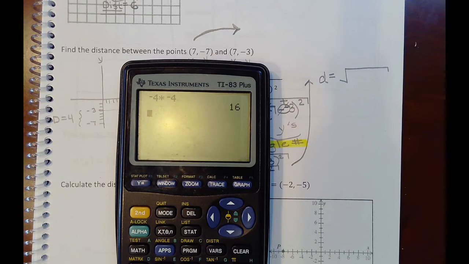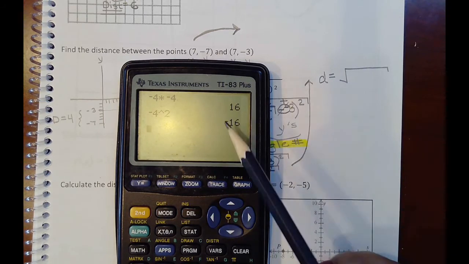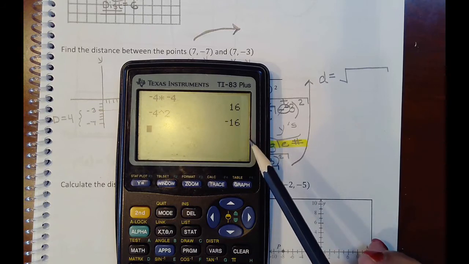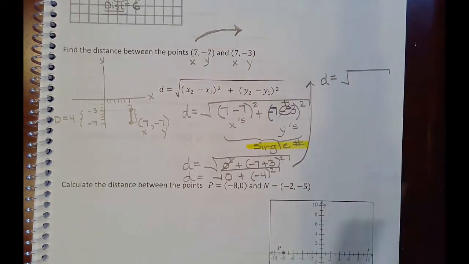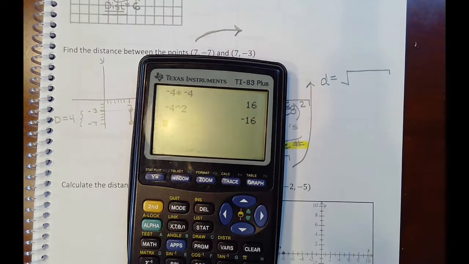However, if you're going to press it in as negative 4 squared, you know it's positive 16 because you cannot square and get a negative. But students that press it in improperly like this, negative 4, and then they put the square on it, they're going to get negative 16. And then when you go to take the square root of that, you're going to get an error because there's no such thing as the square root of a negative number. If you're going to enter a negative squared, you need to wrap it in parentheses.